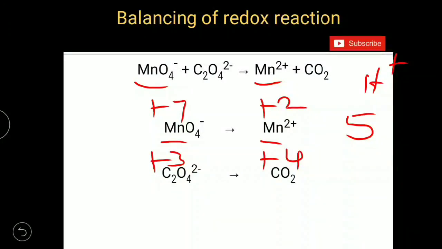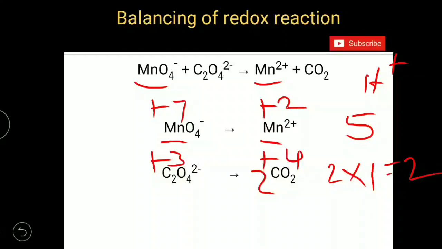But in this, carbon atoms are not balanced. So balance the carbon atoms. CO2 should be multiplied with 2. Difference in oxidation state is 1, but you are getting 2 moles of CO2. That's why the difference in oxidation state should be multiplied by 2 to get the n-factor. So what is the n-factor now? 2 into 1, n-factor 2.